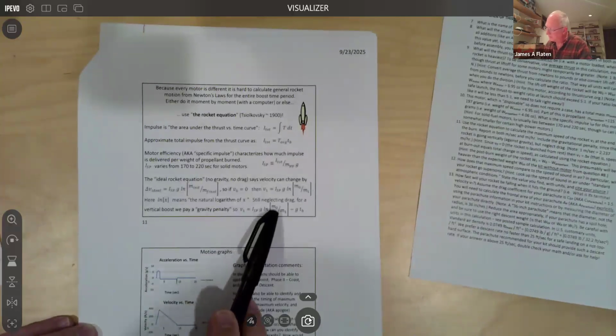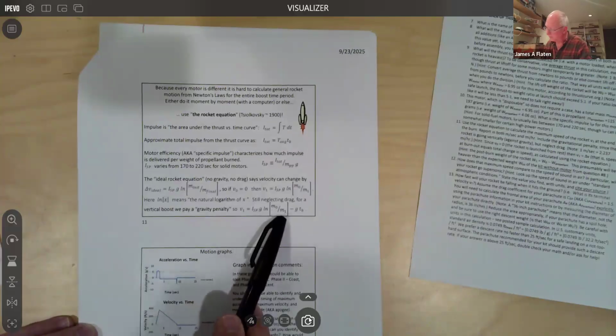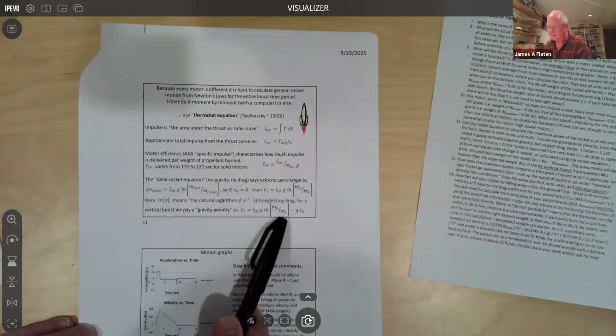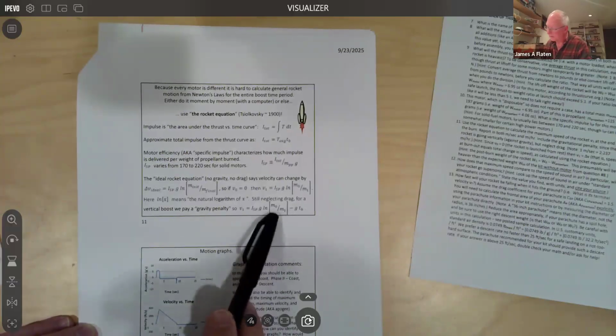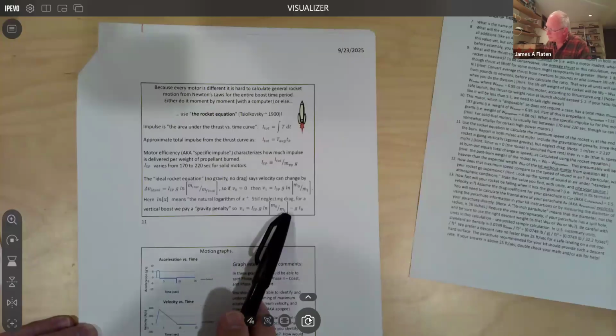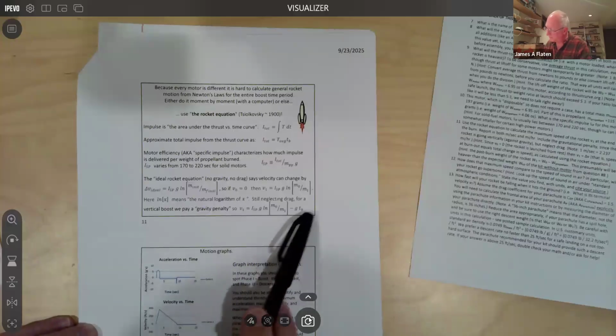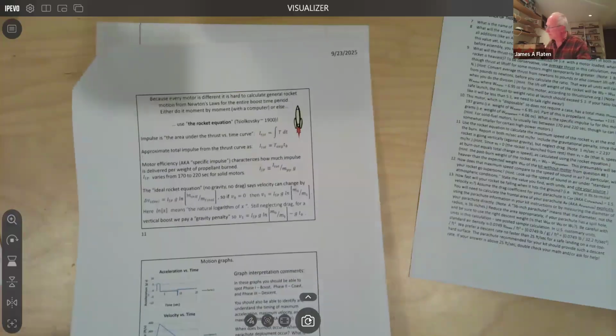The natural logarithm of the ratio of the mass of the rocket before you burn the motor to the mass after the motor is finished burning. That could be a weight ratio or a mass ratio, because the relationship between weight and mass is just a factor of G, which would occur on the top and the bottom. And then minus G times the burn time. So there's the equation that I'm going to use to answer this question.